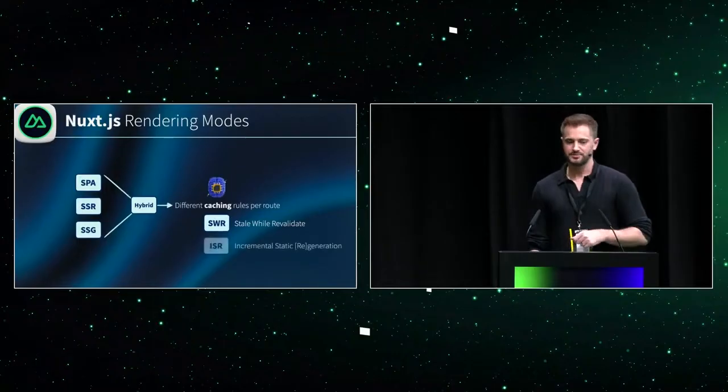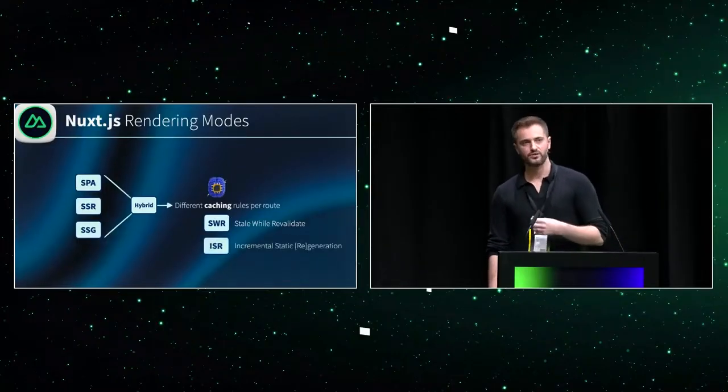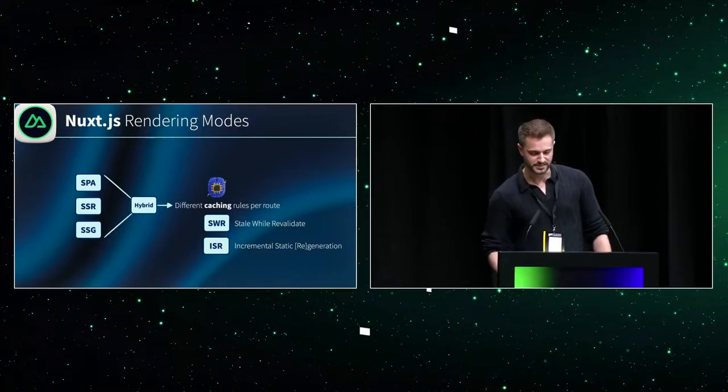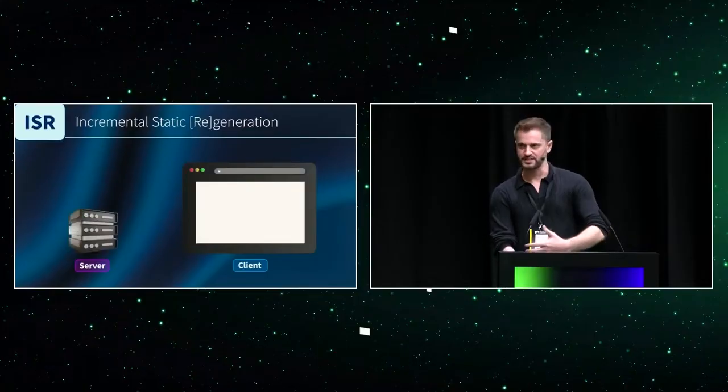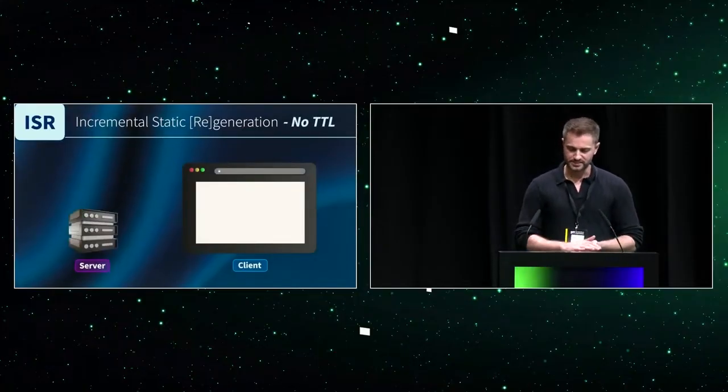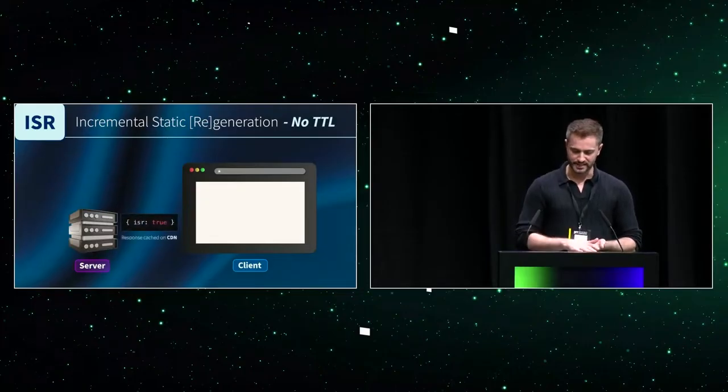Similar to SWR, we also have ISR, or incremental static generation or regeneration, depending on the context. And this is going to function very similarly in terms of its rendering and caching strategy to SWR. The main difference is that if you are using this, you can add the response to the CDN cache.